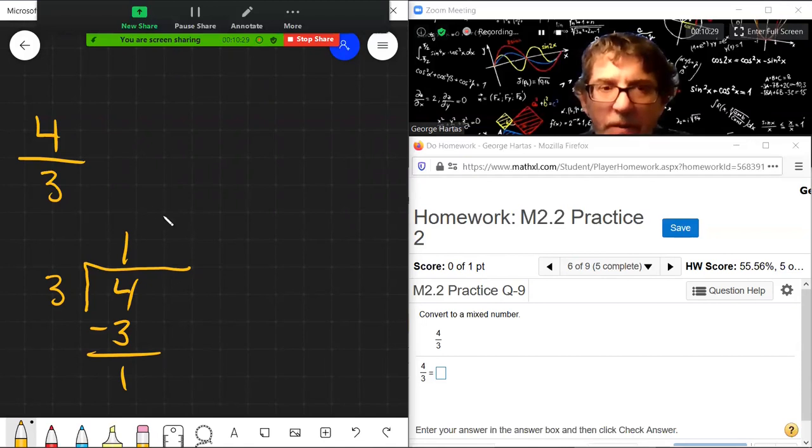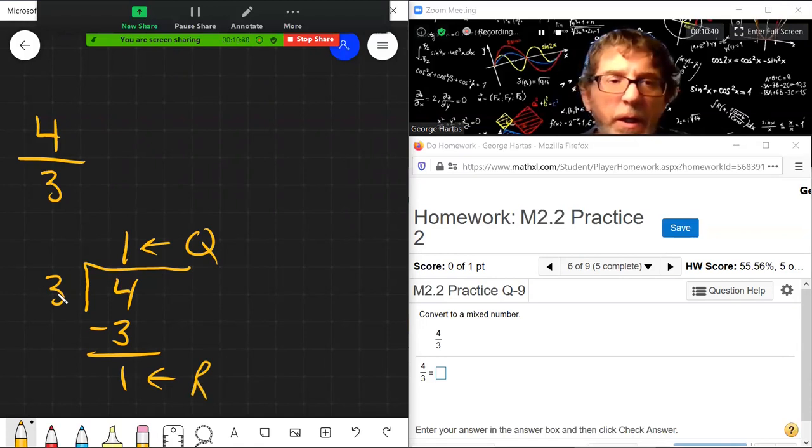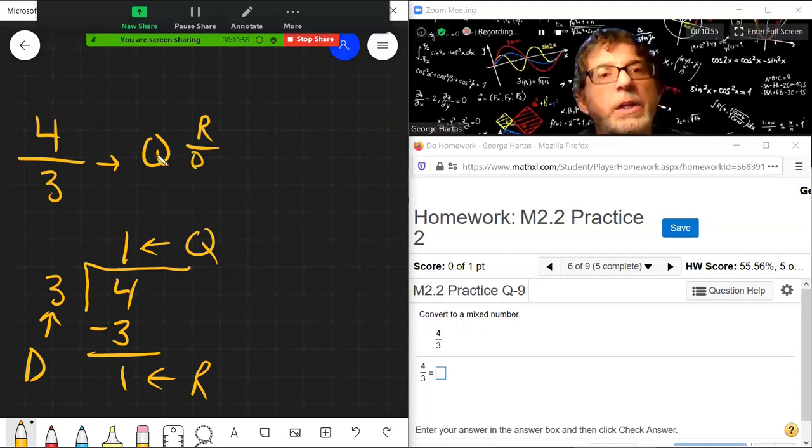Recall that this is the quotient, Q. This is the remainder, R, and this is the divisor, D. If you recall, the format of the answer is Q, R over D. This is the mixed number format.